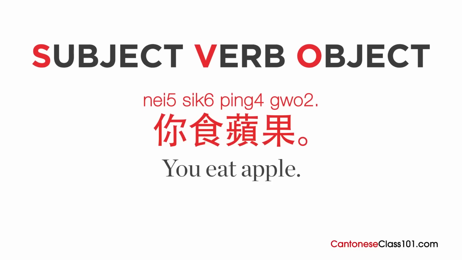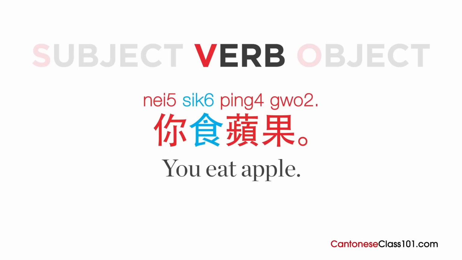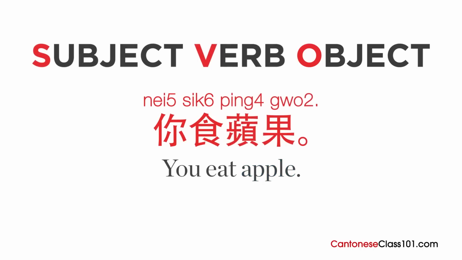Yet, the word order is similar to English. So in fact, Cantonese is not that difficult. We start with the subject, 你, meaning you, then the verb, 食, meaning eat, and finally, the object, 蘋果, apple. That's how we form basic sentences in Cantonese.